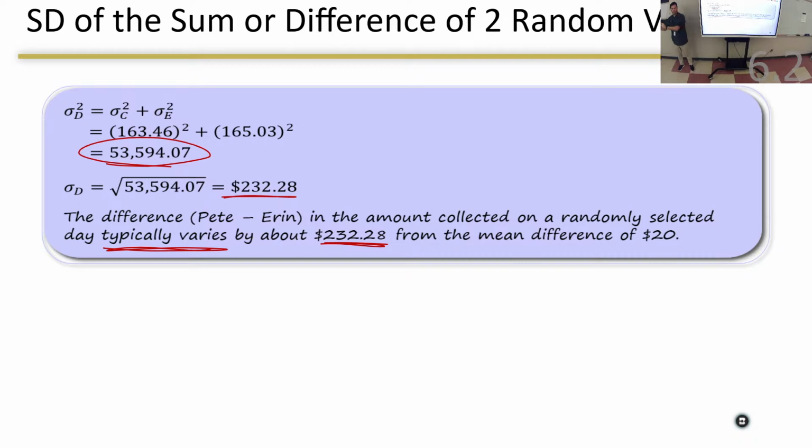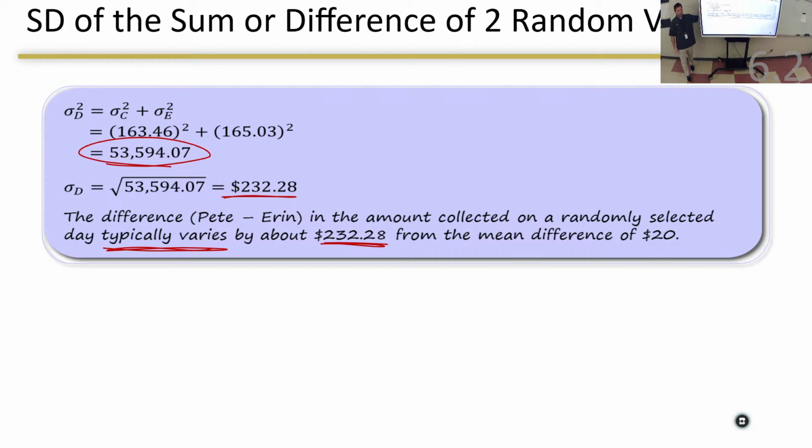Does that make sense? With the mean being 20, and I'm going 200 away this way and 200 away that way, when I get to 20 I'm at zero, so I have another $200 and a whole lot of negatives. Just kind of picture that.